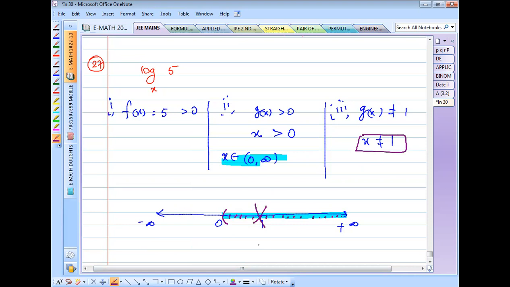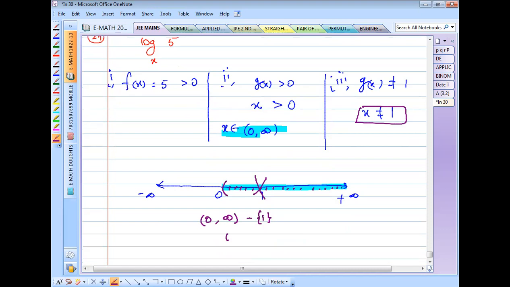That means you have to avoid the 1 from the interval. So this answer should be represented as 0 to infinity minus 1 in this way, or you can also express this situation as 0 to 1 union 1 to infinity. That means we are avoiding 1 from the solution set.